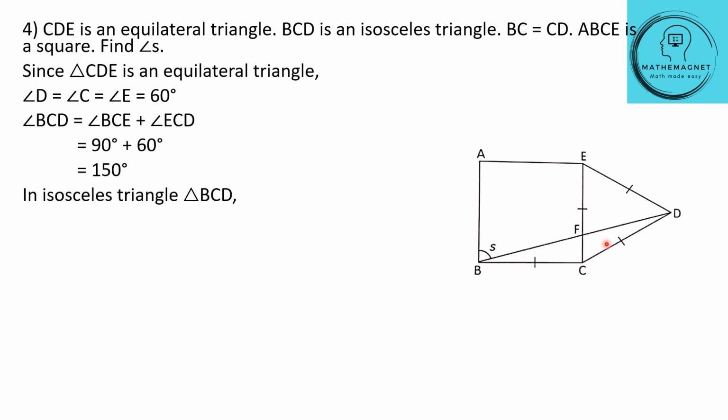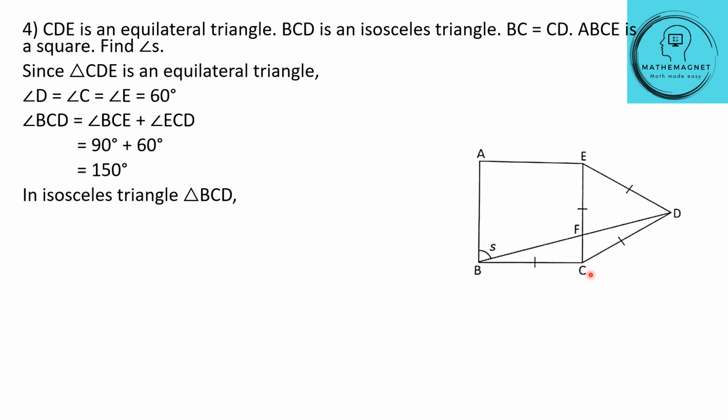Now in isosceles triangle BCD, we know one angle is 150 degrees, and as per the isosceles triangle property, the angles opposite the equal sides are equal. So which means angle DBC will be equal to angle BDC.